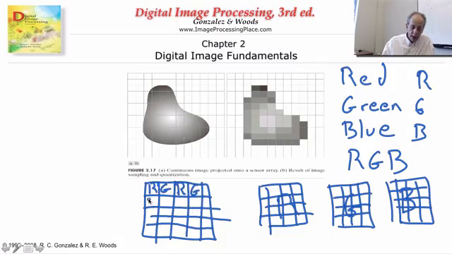And here, it will capture a blue, red, blue, red, and so on. So actually, it's not having the tripled amount of pixels, it's having 1 pixel red, 1 green, 1 red, 1 green.